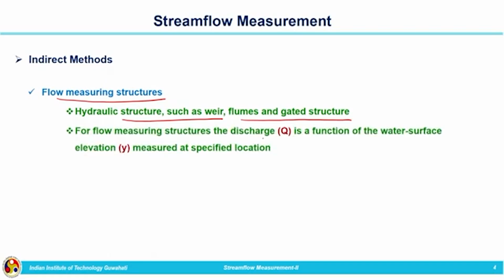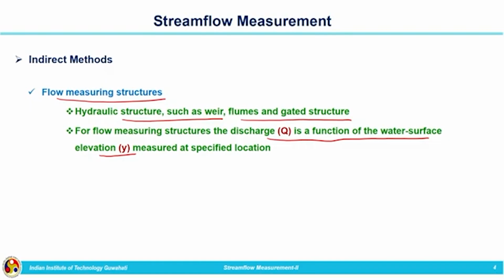For flow measuring structures, the discharge Q is considered as a function of water surface elevation Y. Water surface elevation is measured with respect to an arbitrary datum. So, that depth Y is measured and Q is considered as a function of it.